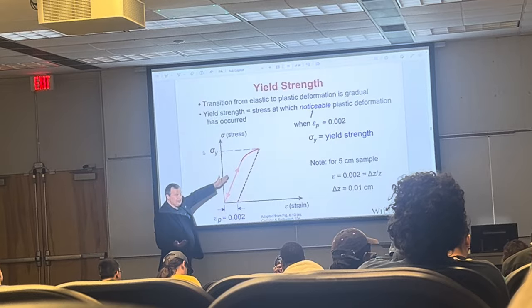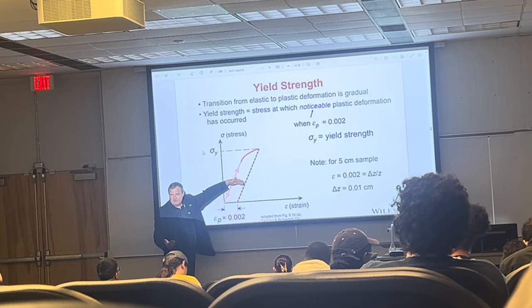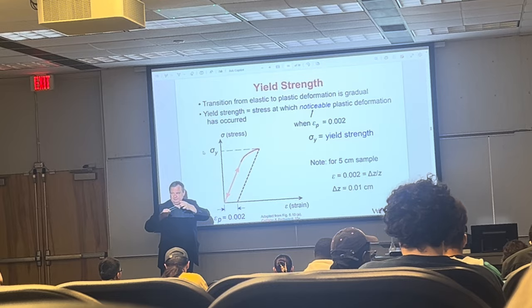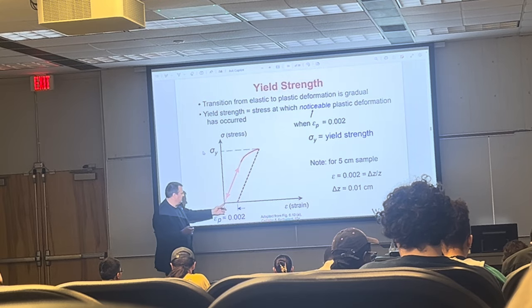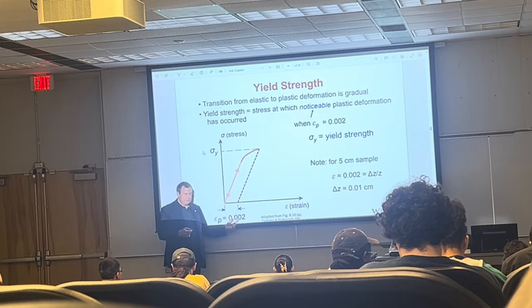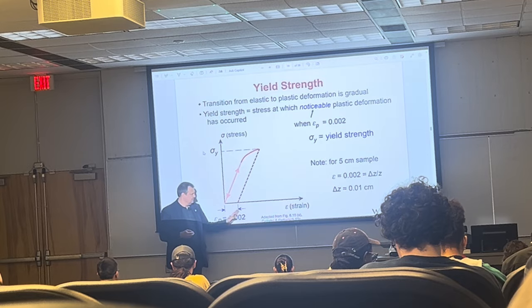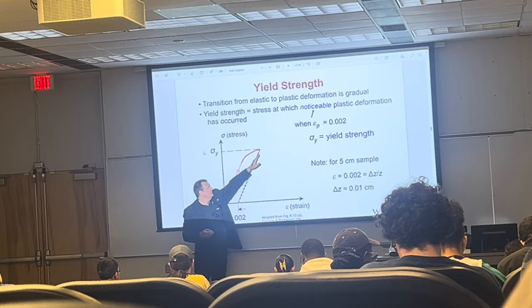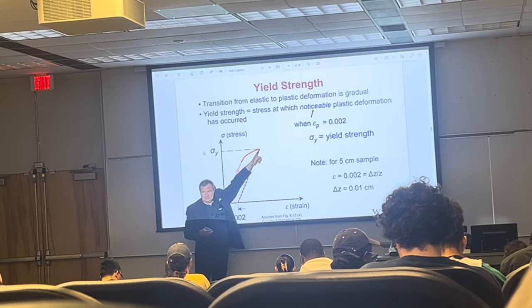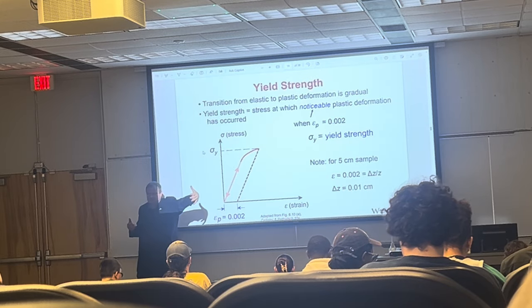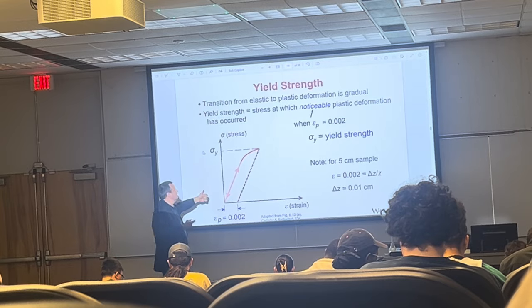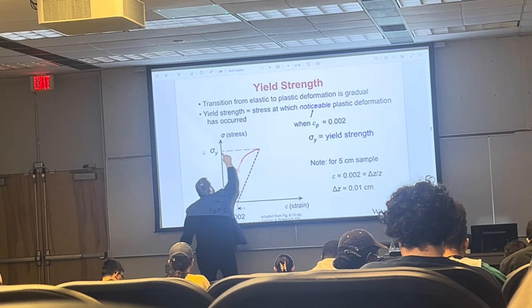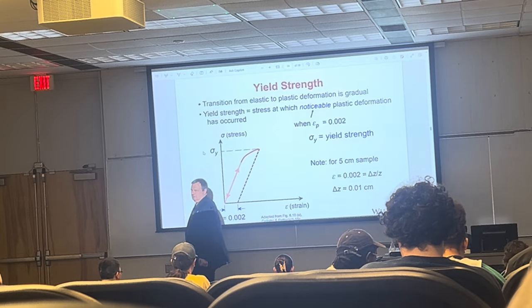We get our data. This is the data of the stress strain curve on the tensile machine. We go in here to 0.2%, which is 0.002. And then we repeat the slope like that. And where that slope intersects our data, that is the yield strength. And we go in here and we say, that's the value of the yield strength.